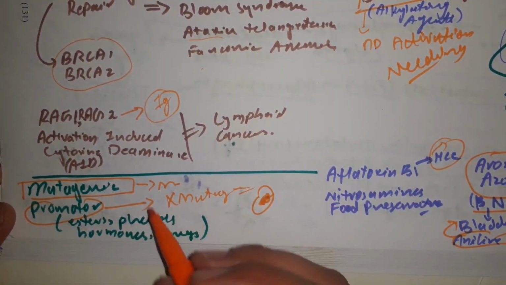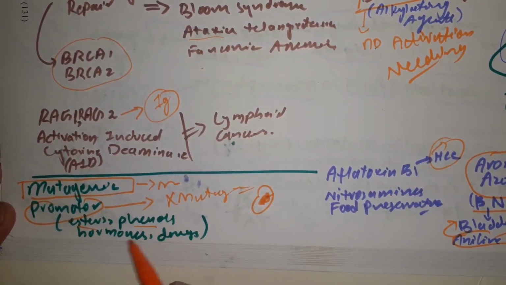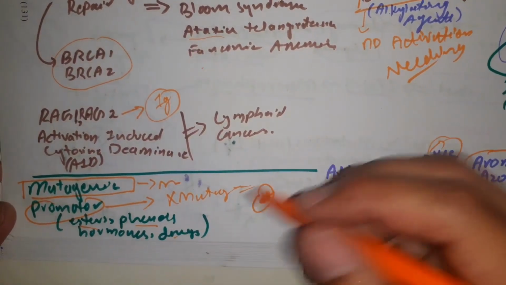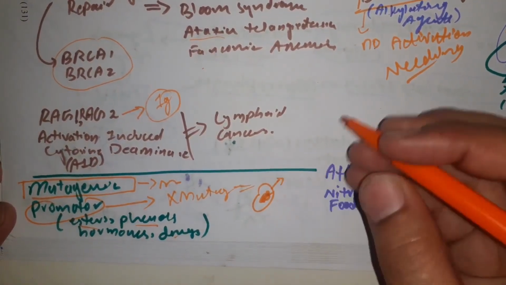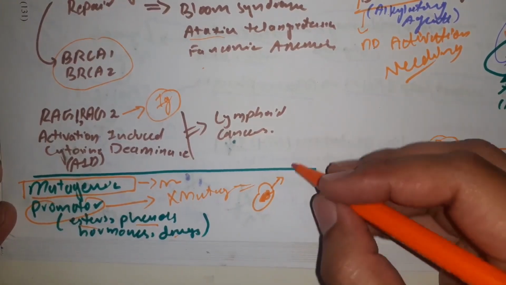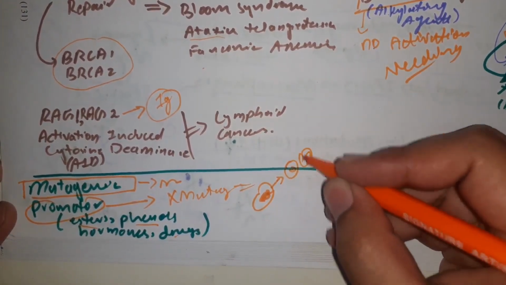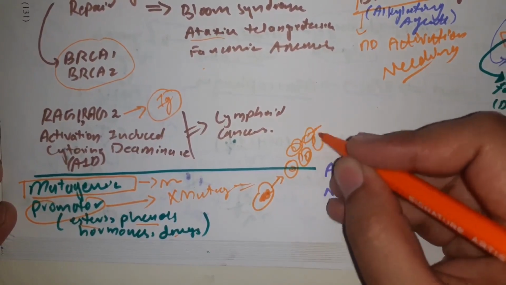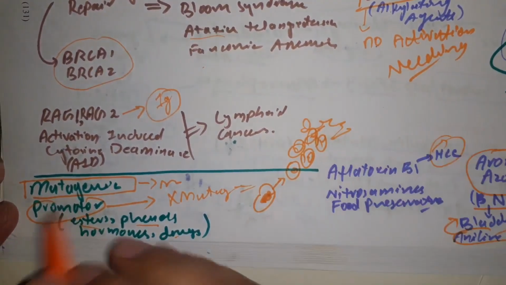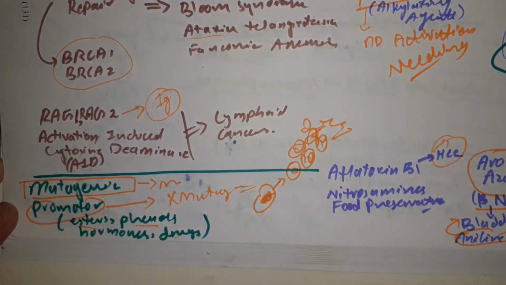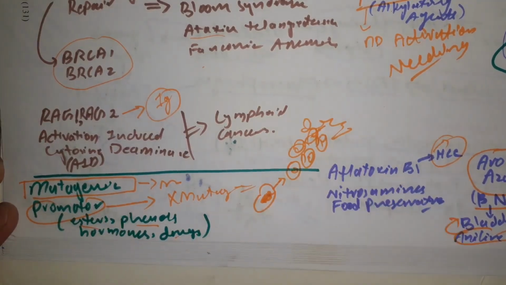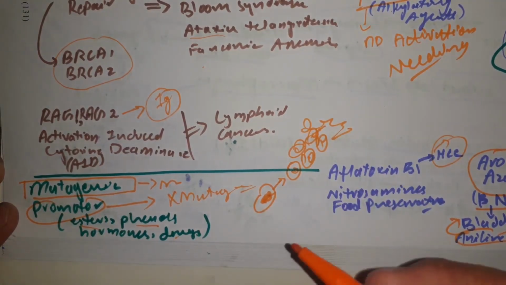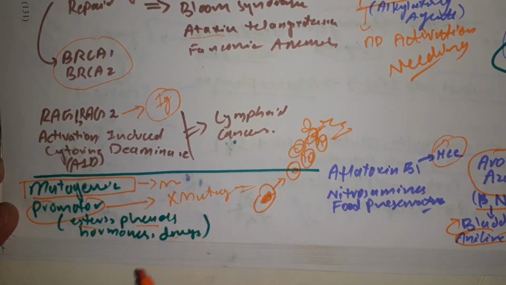Promoter exposure, which includes esters, phenols, hormones, and certain drugs, leads to increased growth, division and expansion. In the expanding phase, it accumulates more and more mutations and can lead to carcinogenesis. The promoter itself is not a carcinogen. However, in the presence of a mutagenic carcinogen, it amplifies the effect of the mutagen and leads to carcinogenesis at an increased rate.